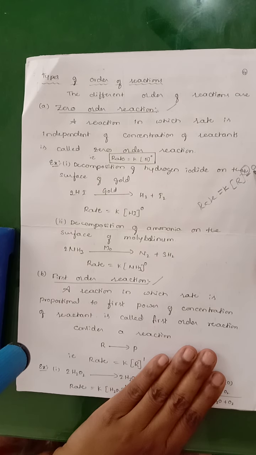So if the power is 0, it will become k into r power 0 is equal to k into 1 is equal to k. That means anything power 0 can be taken as 1, k into 1 can be taken as k. That means rate of reaction is equal to only k. Here there is no concentration of reactant.